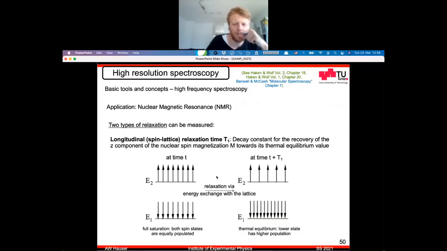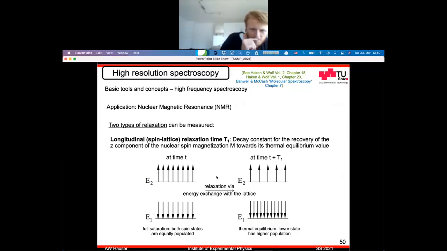And this is now the first type of relaxation that we will be looking at, the so-called longitudinal or spin-lattice relaxation time. And you might ask yourself, why is it called longitudinal relaxation time? What is longitudinal here? The idea is the following. If you have your magnetic dipole moment in a field, it's not going to stay like this.